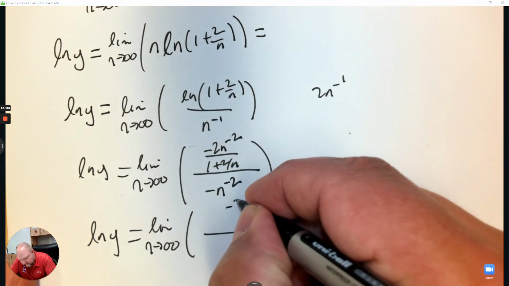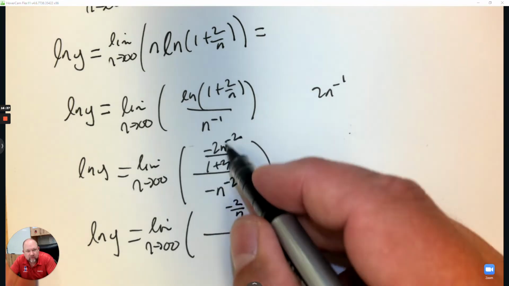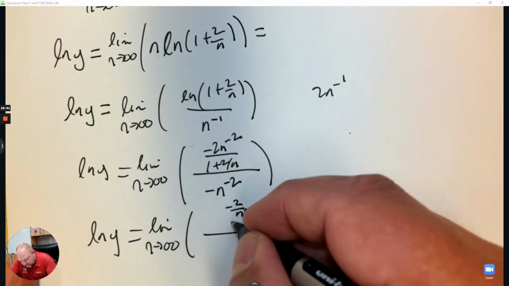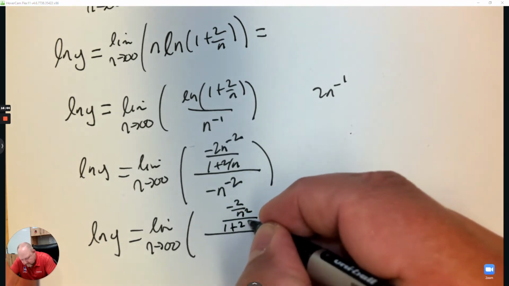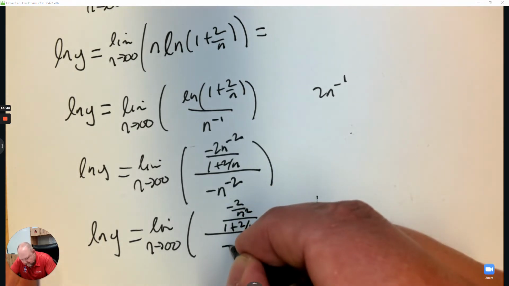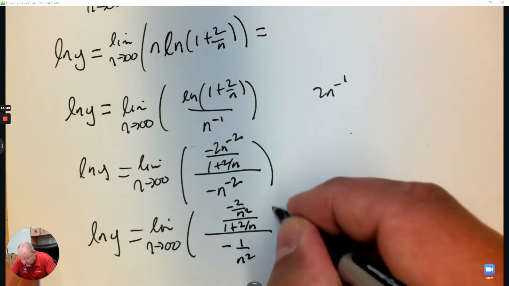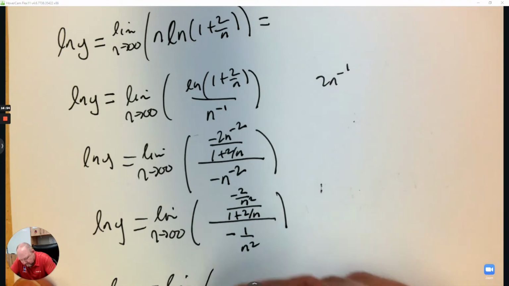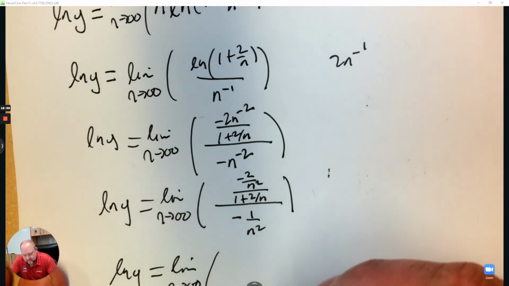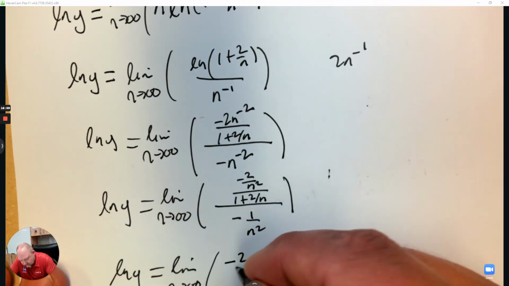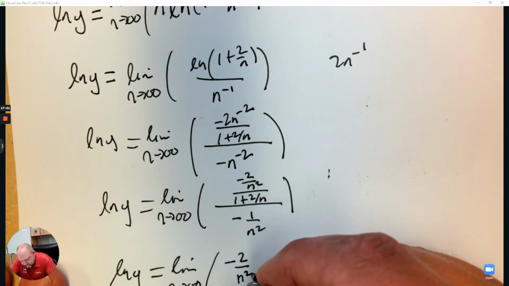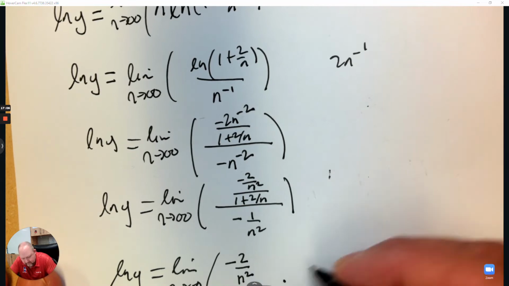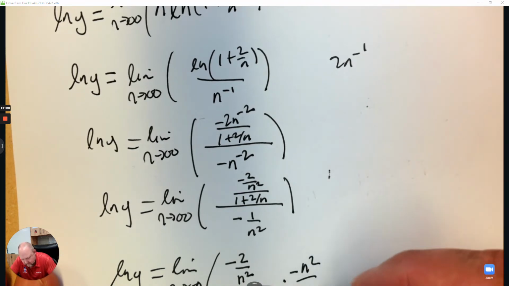Let me just try to be simple about it. So negative 2 over n squared over 1 plus 2 over n over minus 1 over n squared. I'm just trying to get to the point where I can multiply times the reciprocal. So I have negative 2 over n squared over 1 plus 2 over n times negative n squared over 1.